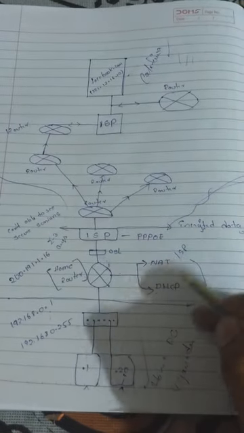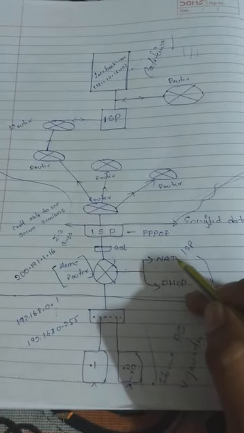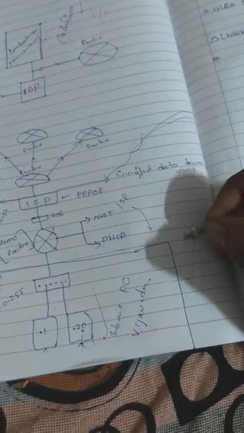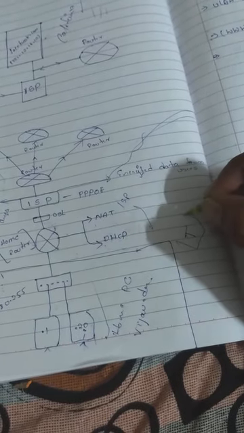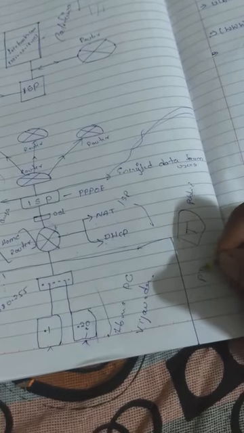And what is the duty of NAT and what is the duty of DHCP? Network Address Translator is just like a translator between the public IP and my private IP.